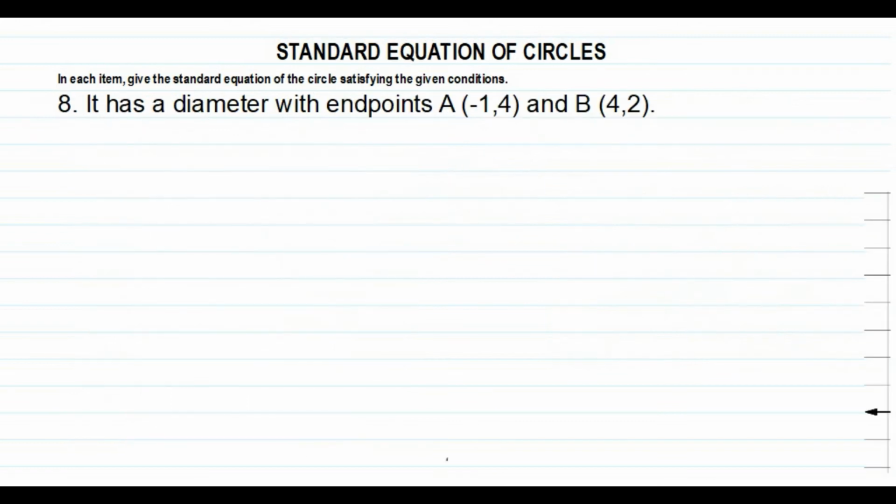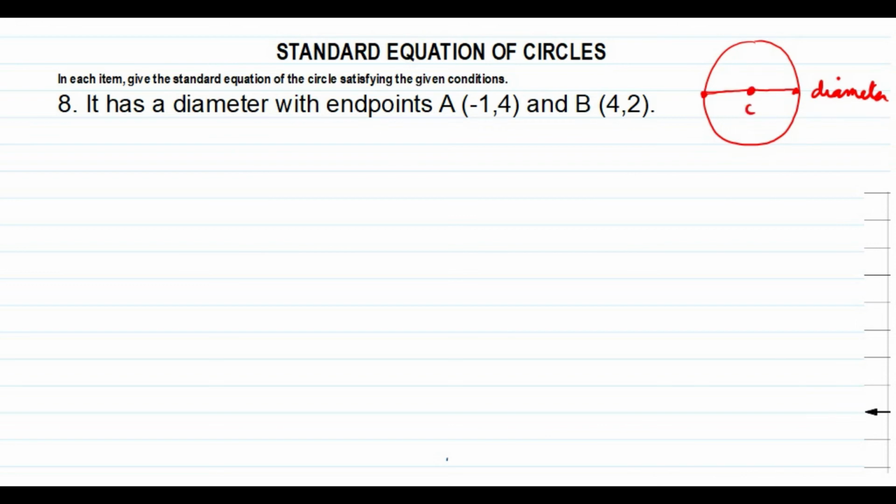So, ano namang condition nito? It has a diameter with endpoints A(-1, 4) and B(4, 2). Now, ang tsura siguro niyan is like this. No? So, diameter daw eh. Rough estimate tayo. Hindi pa naman yan yung nakagraph. Ibig sabihin, pinakita ko lang, this is a diameter. So, from one point of the circle to another point of the circle passing through the center.